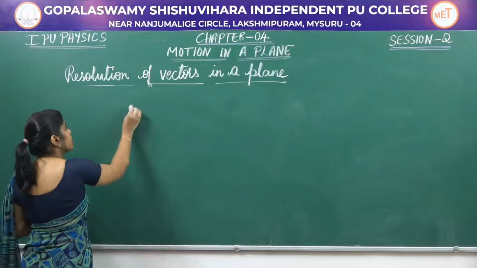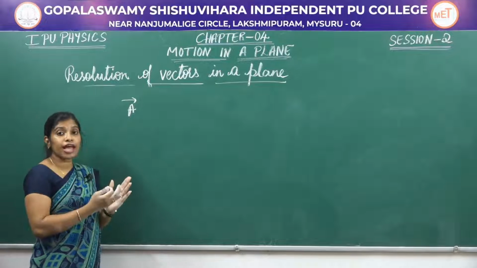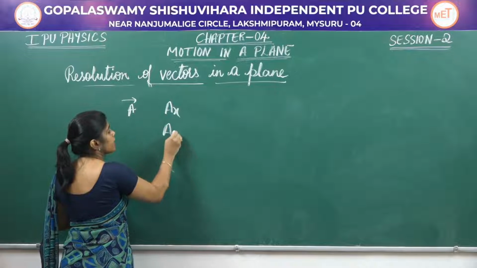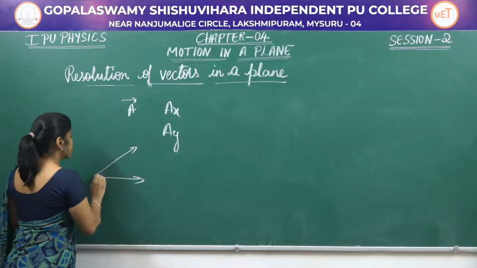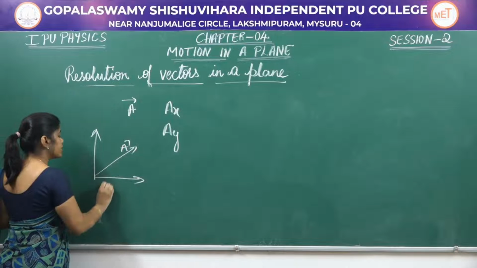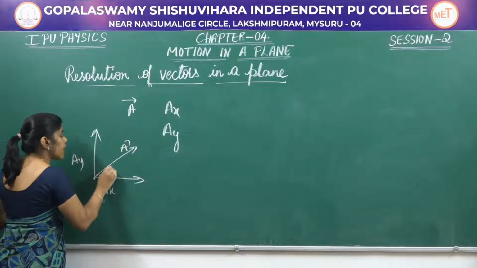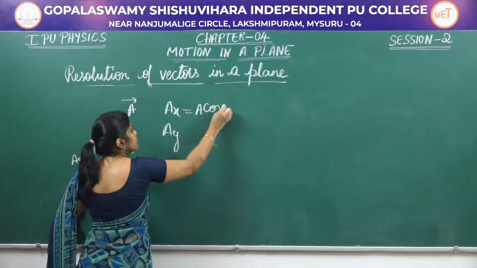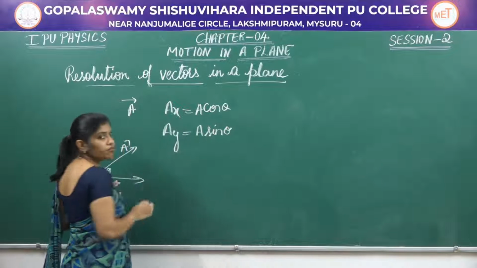So if I consider this as vector A, then the rectangular components of the vector will be Ax and Ay. This is Ax, this is Ay. Now if I consider this angle as theta, then Ax will be equal to A cos theta and Ay will be equal to A sin theta.